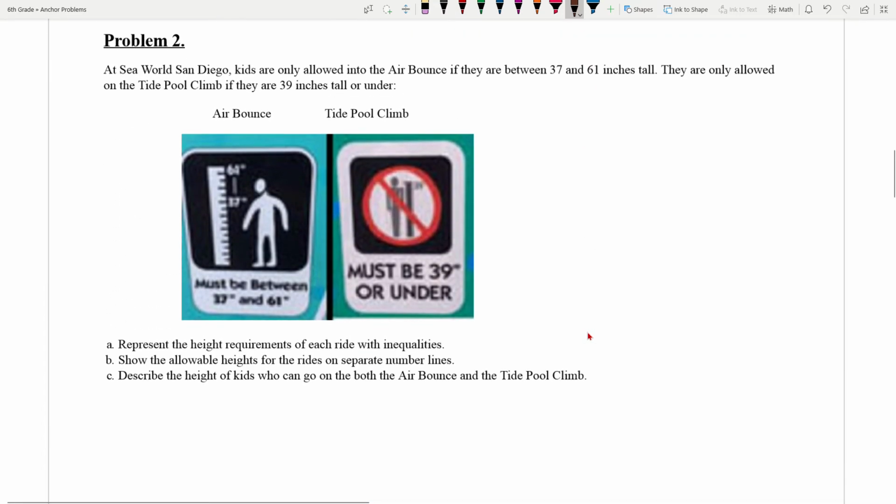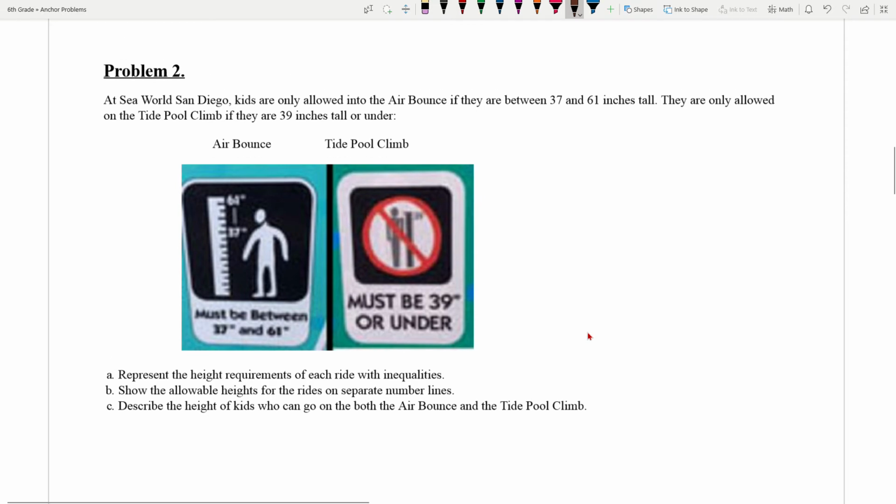Problem 2. At SeaWorld San Diego, kids are only allowed into the air bounce if they are between 37 and 61 inches tall. They are only allowed on the tide pool climb if they are 39 inches tall or under.